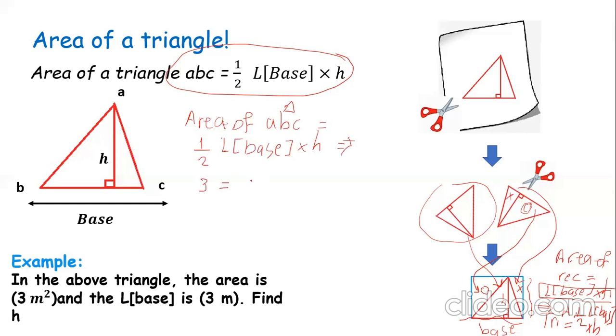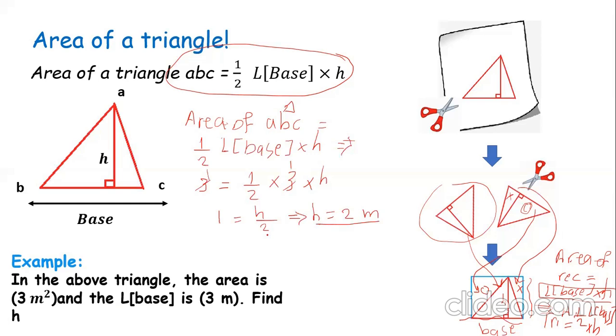This is equal to half multiplied by the length of the base, which we are given, and it's 3, multiplied by h. We can divide by 3, so we get 1 is equal to h divided by 2. This gives us that h is equal to 2 meters.